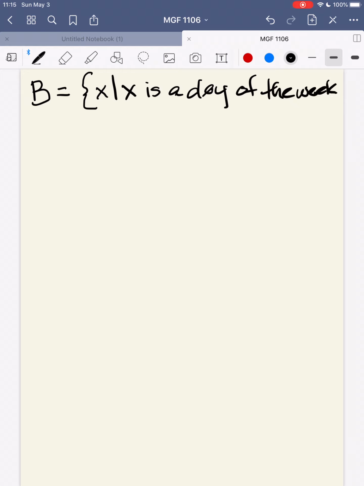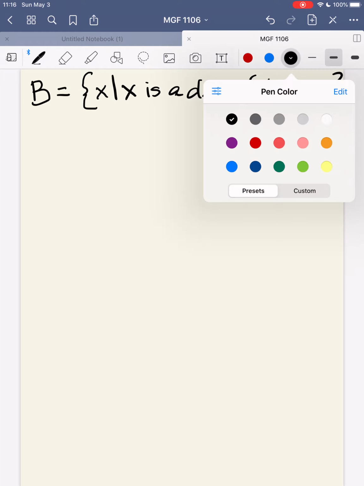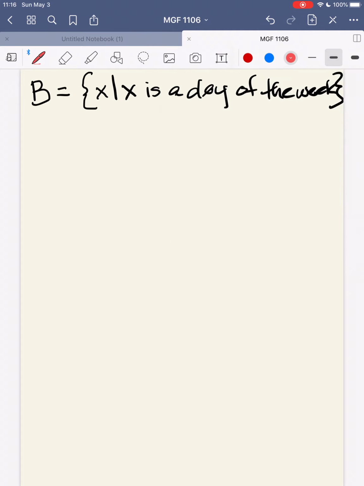I'm closing it off with a brace. So the set B is the set of all elements x such that x is a day of the week.